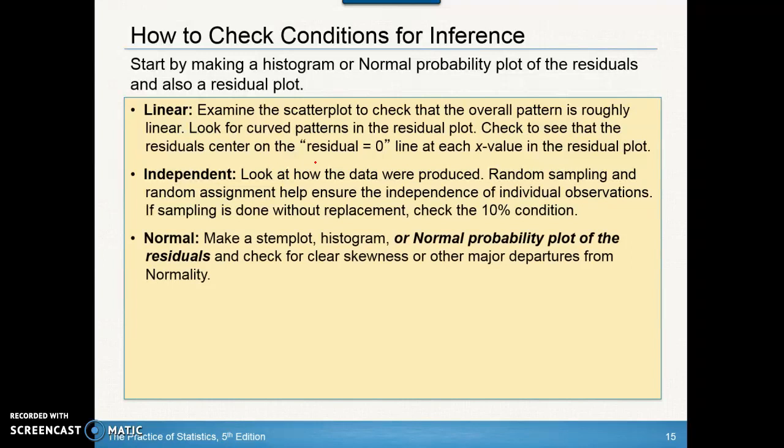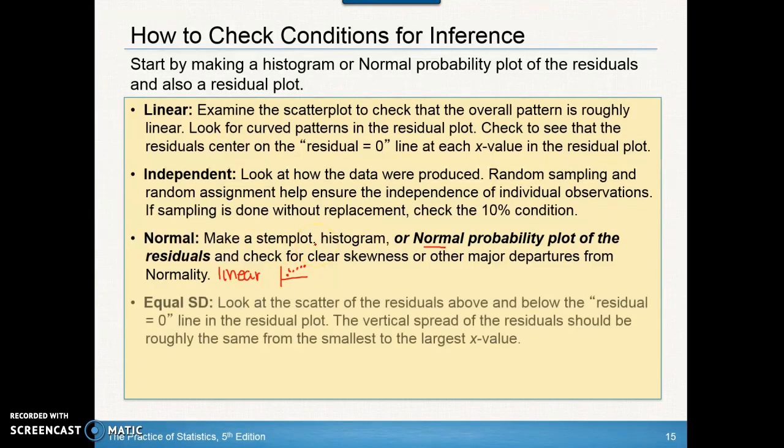Normal conditions, make sure you're checking the normal probability plot of the residuals, and we're making sure that this is linear. Remember, the normal probability plot is linear. The plot of the residuals just in and of themselves, not the normal probability plot, is different.